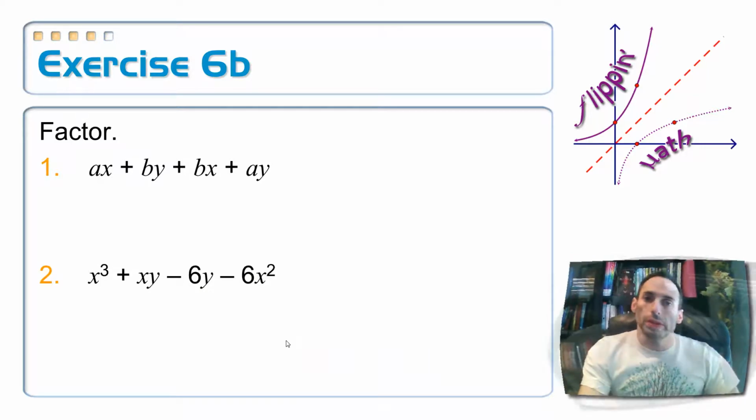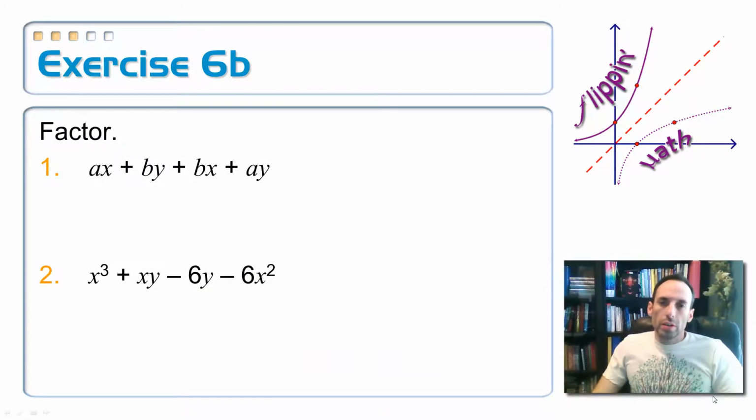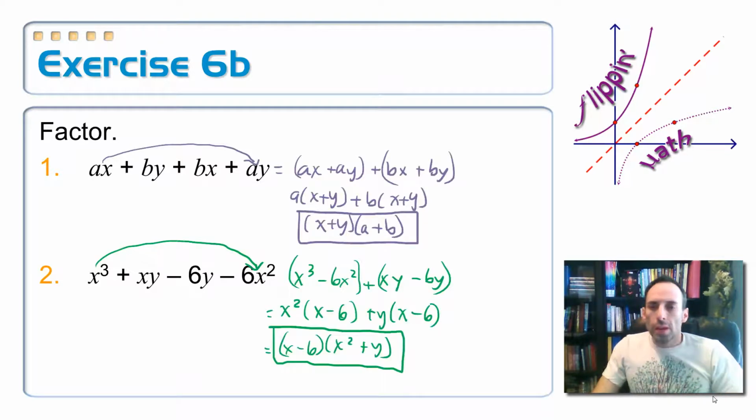Why don't you go ahead and give these last couple of problems a try, factoring by grouping. Alright, so yours, I purposely mixed the terms up to give you a little added challenge. On the first one, if you tried the pairings as they are written, the first two and the second two, they don't have anything in common. But you can mix them up so that they do.